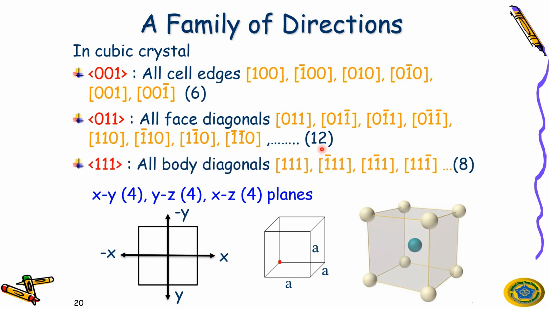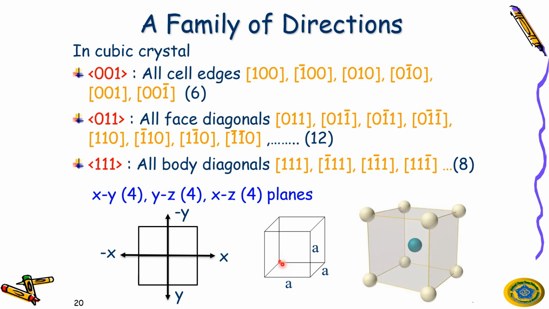How about angle bracket 1 1 1? How many members? 1 1 1 means what? Means this one, this direction. This direction. Right? This direction. There are 8 members. Why? You can think of one.